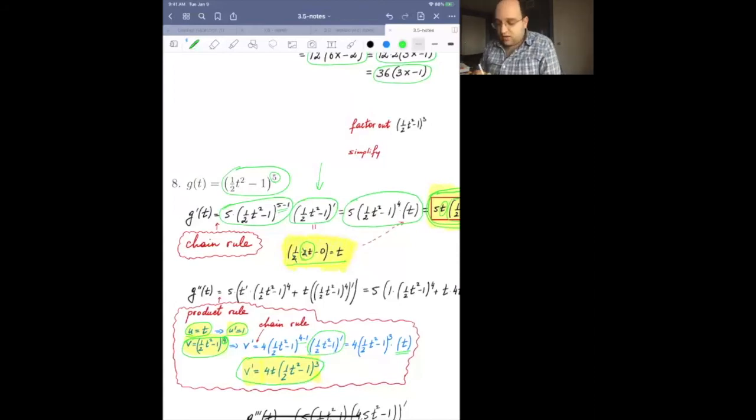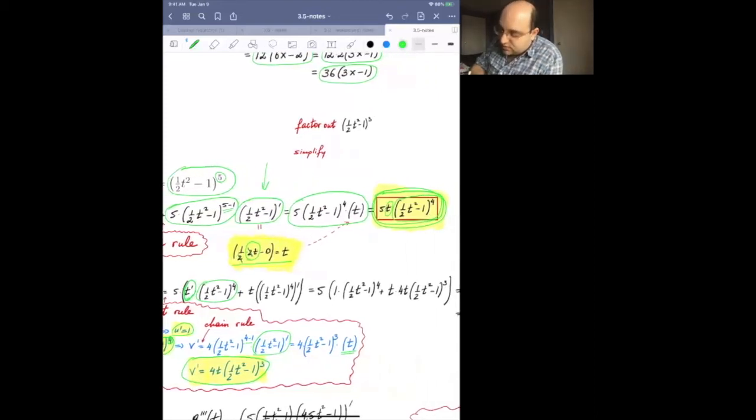So now we can use the product rule. The product rule tells me that it's going to be u prime times v plus u times v prime.